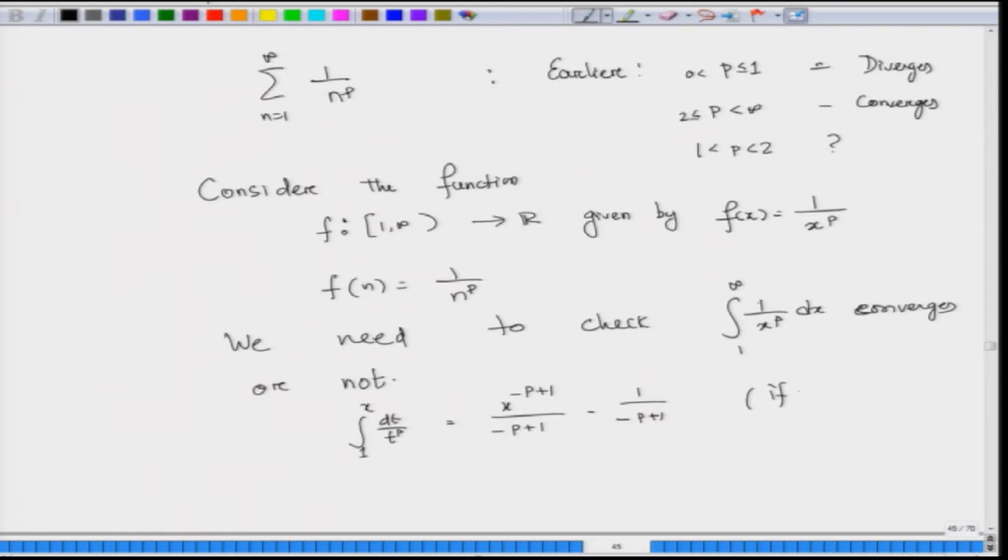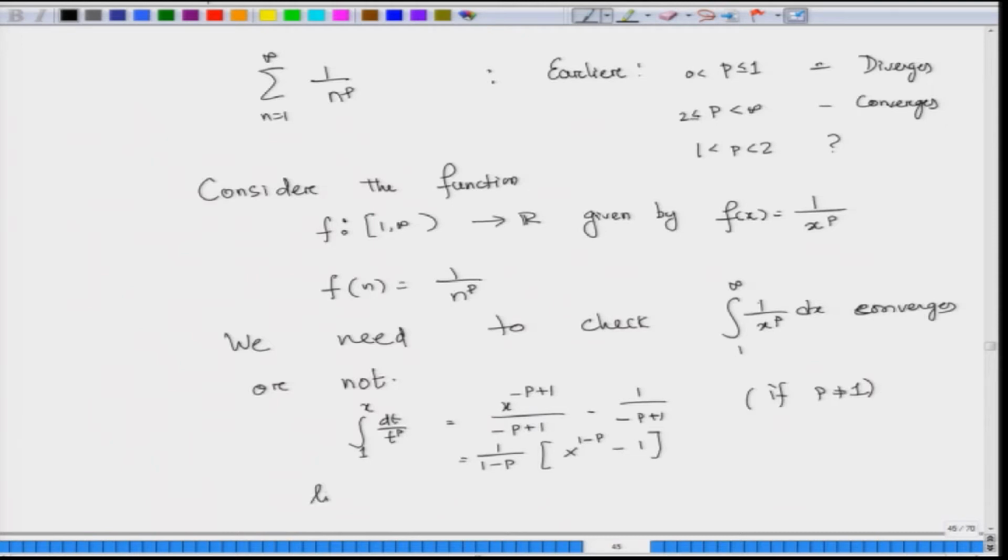This holds if p is not equal to 1, because if p equal to 1, then we know that this is ln x. So, now this is going to be 1 by 1 minus p, if I take it common, times x to the power 1 minus p, minus 1. In order to check that the improper integral exists, we have to take the limit as x goes to infinity.